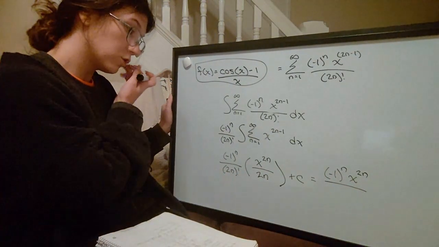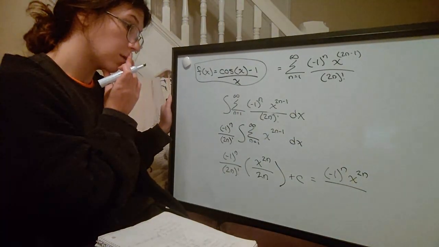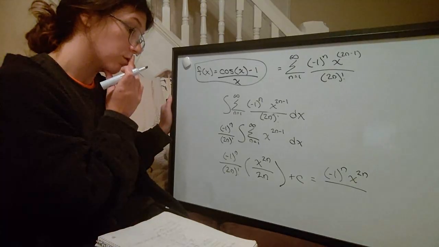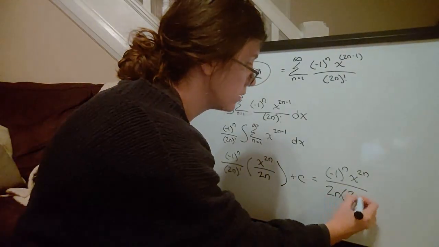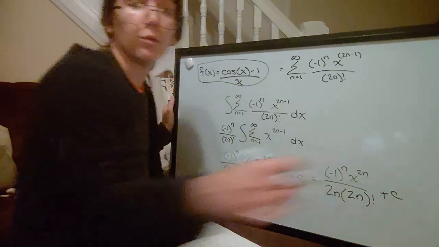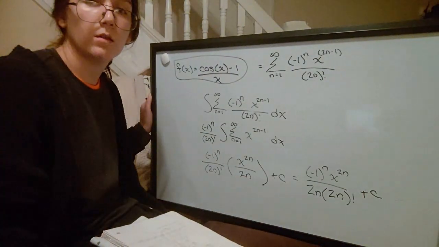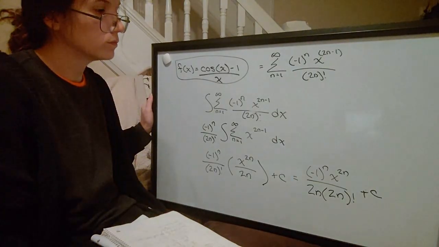I believe we can't smush that in there and make it 4n squared, because that would end up increasing our factorial pretty aggressively. I'm not 100% sure if there's any simplifying that we can do in that respect, but I believe this is all that we can do for now.